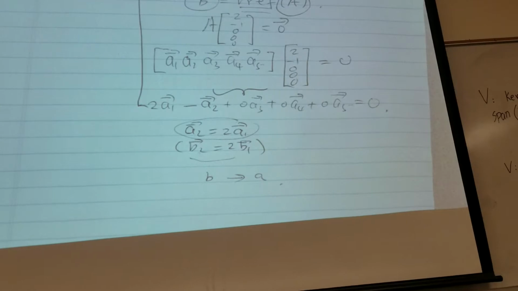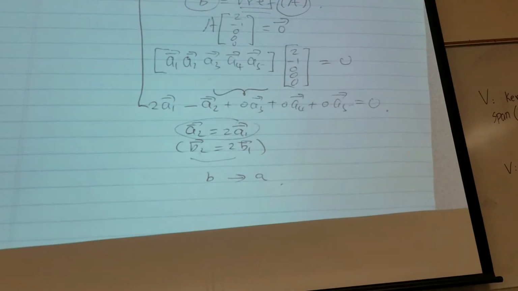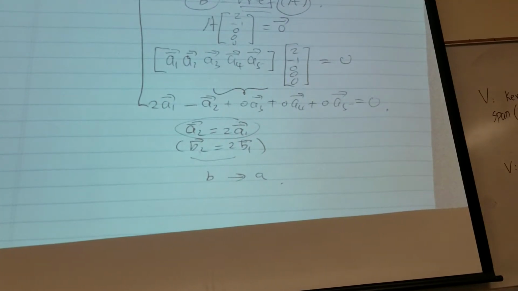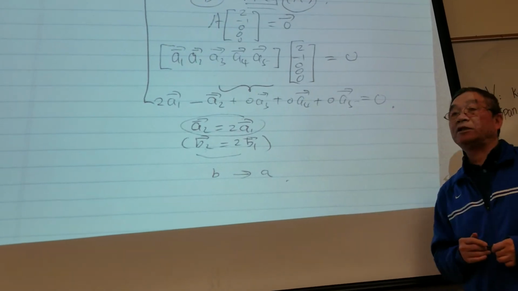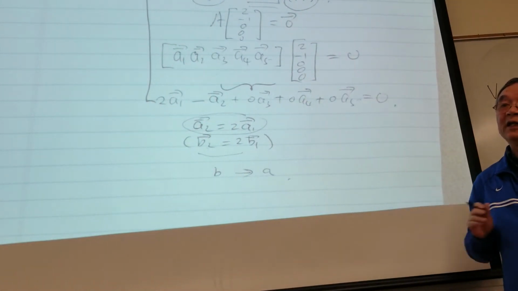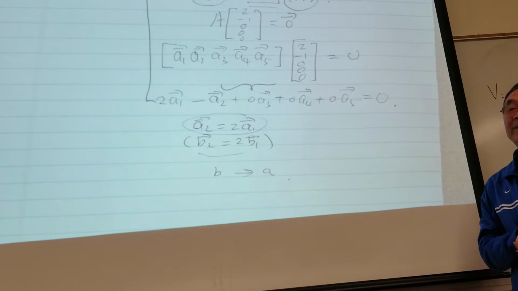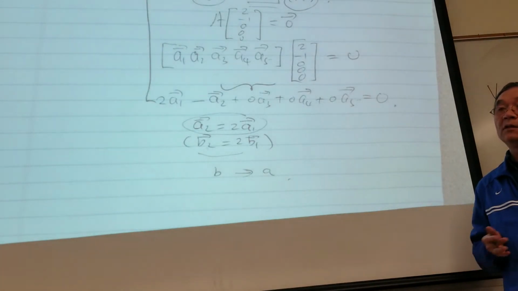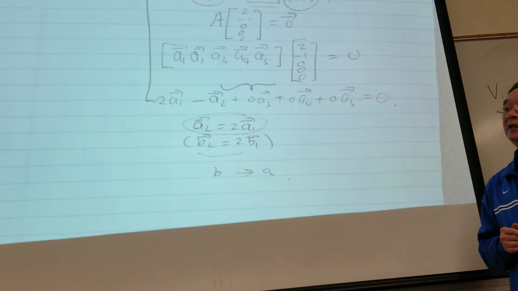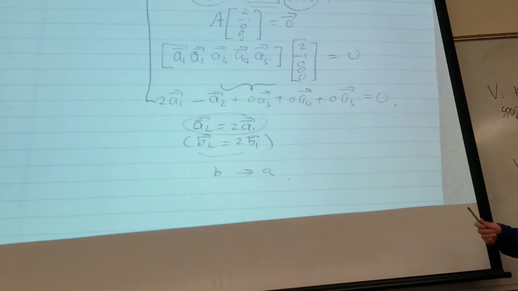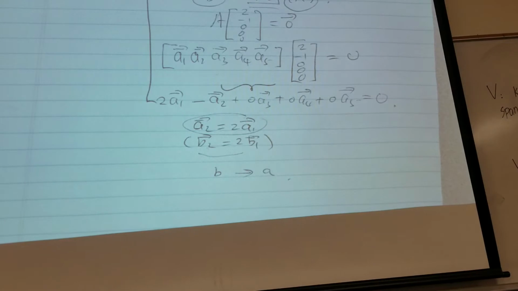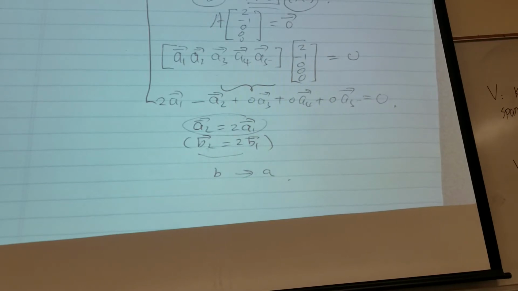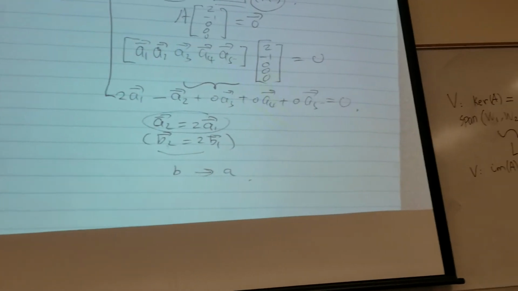So that suggests that we should use this strategy. We make it a very big strategy, right? When what happened? They asked us to find the basis for the image of A. But A itself is not simple enough for finding the redundant ones by inspection.